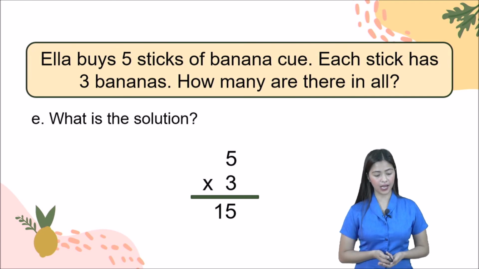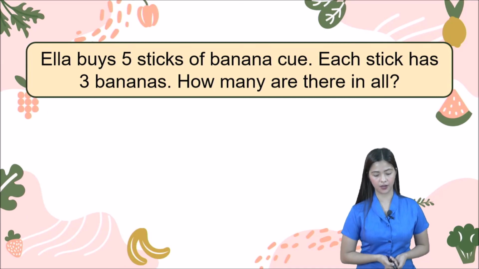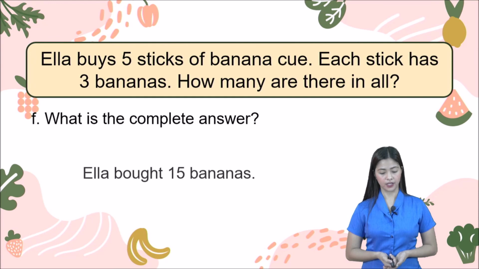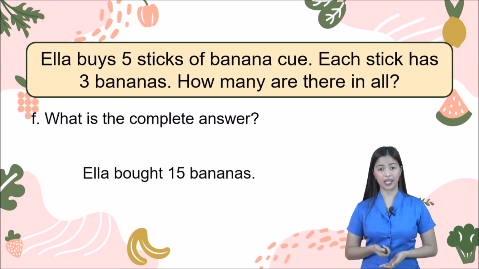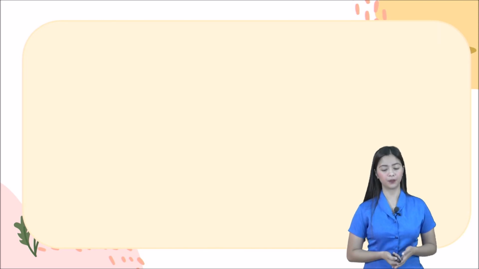So now, let's label our answer. Good job. So, let's write the complete answer. So, Ella bought 15 bananas in all. Okay, kids? So, kids, remember these steps in answering our word problem.